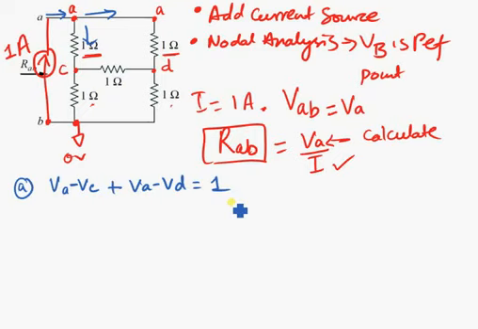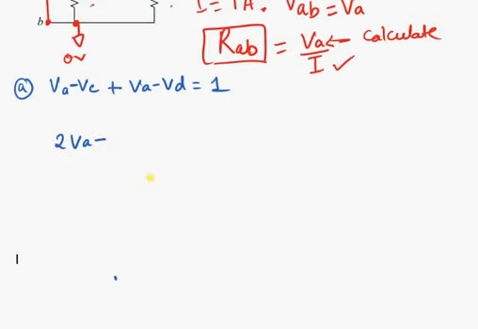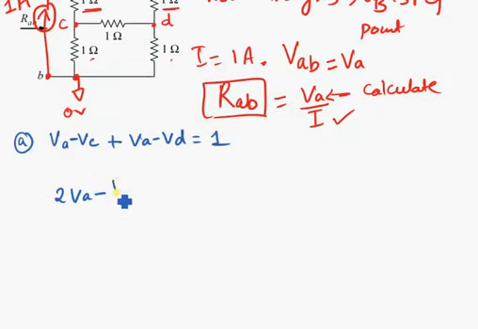If you write this out, you get 2VA minus VC minus VD equals 1. Let's call that equation 1.